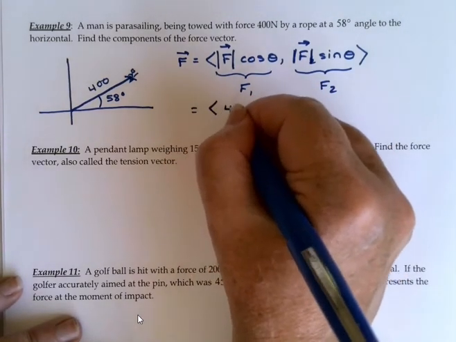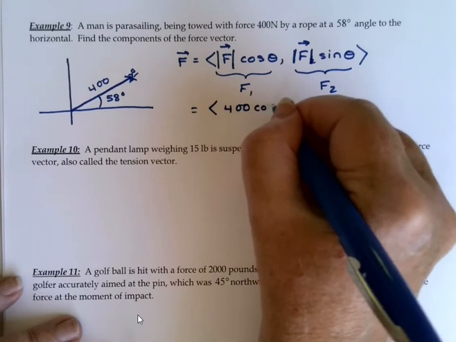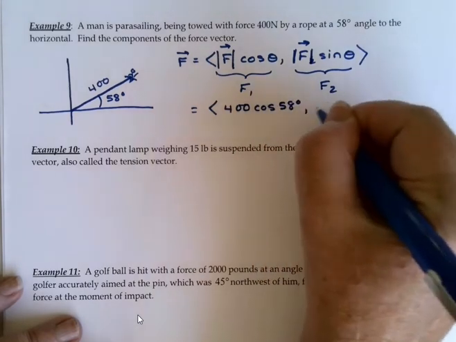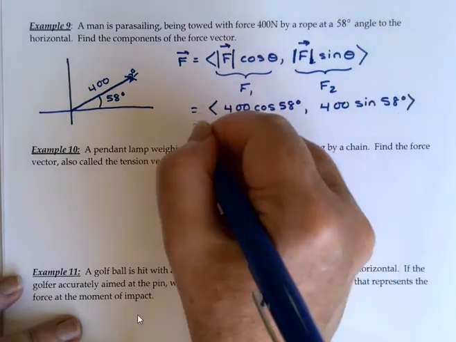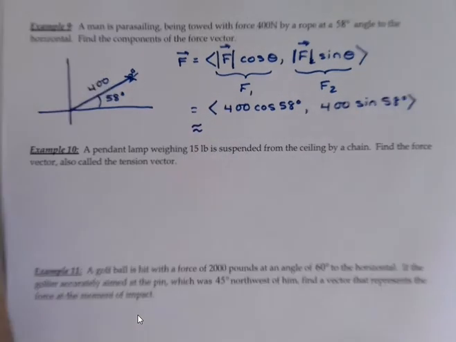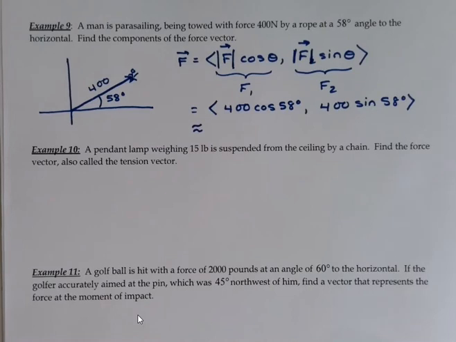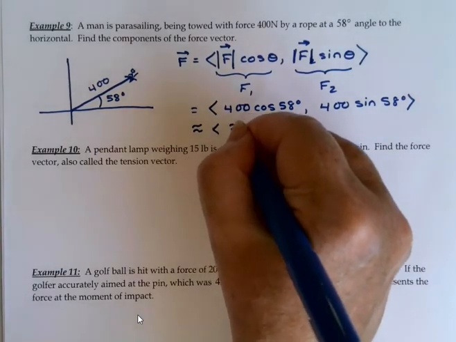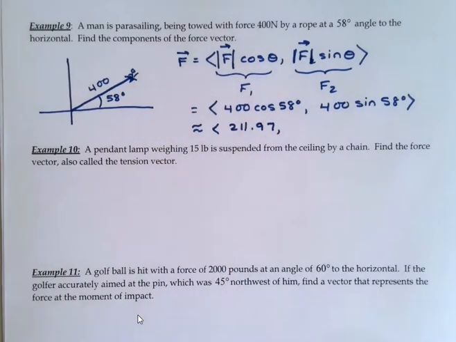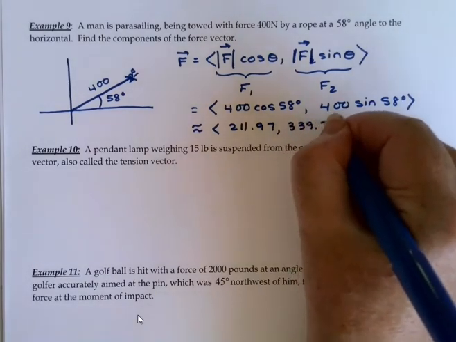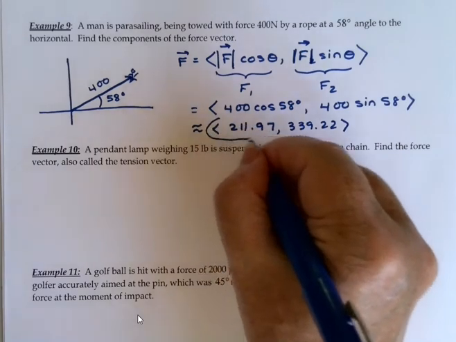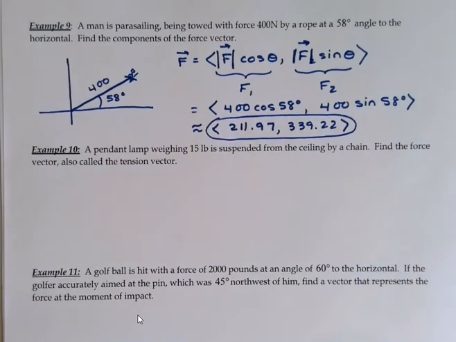So in this case, that would be 400 cos 58 degrees and 400 sine 58 degrees, or approximately 211.97 and 339.22. Components of my force vector.